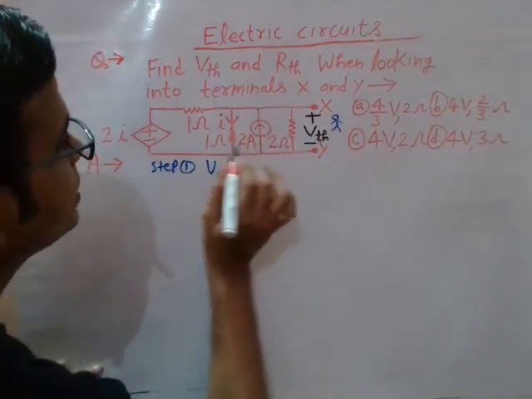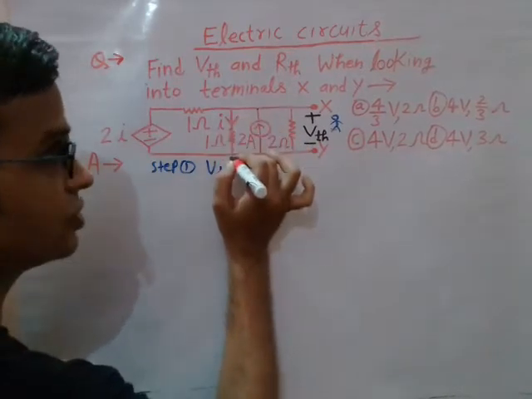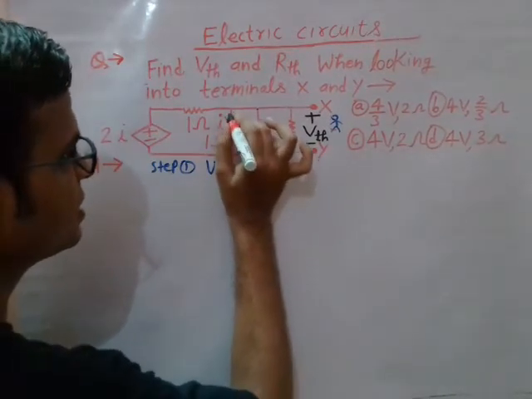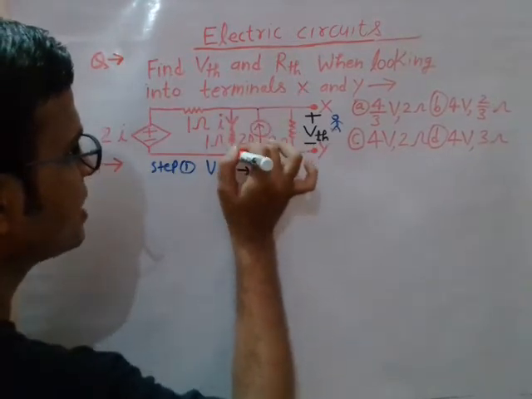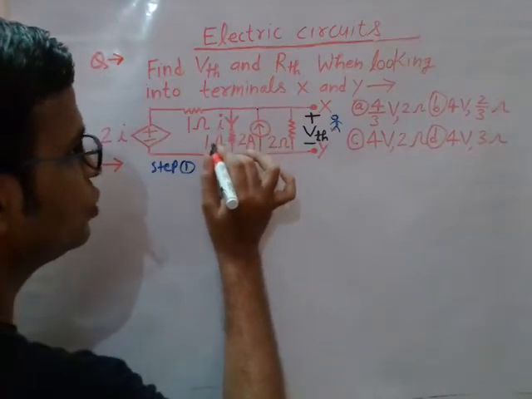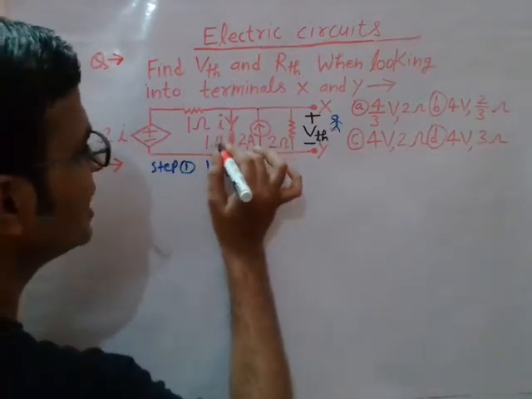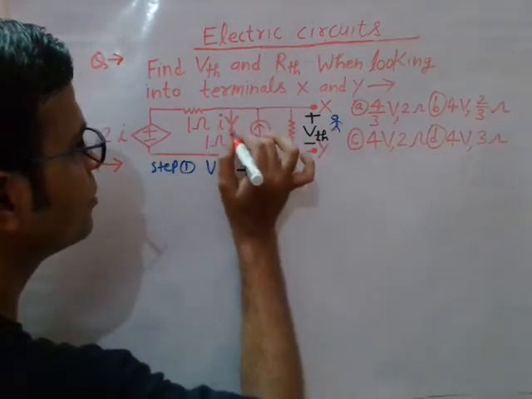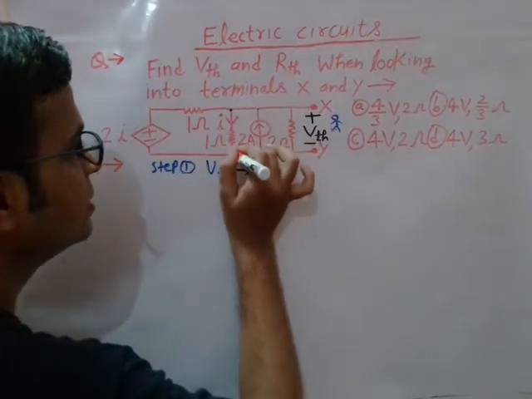Here, just have a look. Current I is flowing in this branch, and the resistance in this branch is 1 ohm. So what is the voltage drop of this branch? It is V equal to IR, that means current I into 1, so I volt is the voltage drop of this parallel branch. Have you understood?